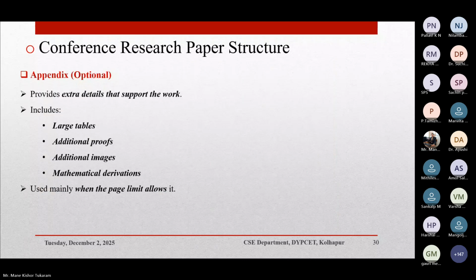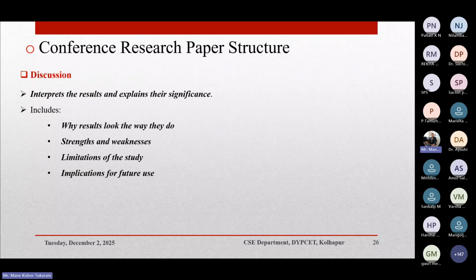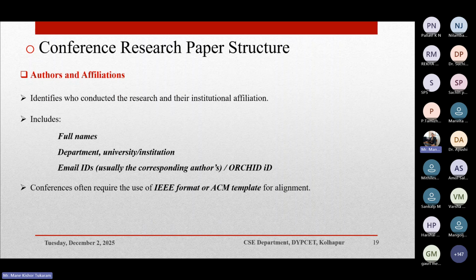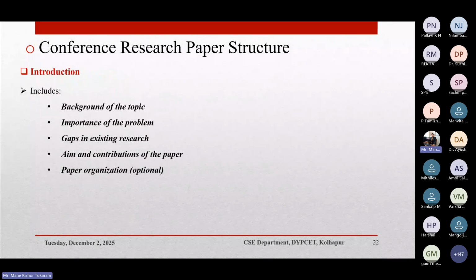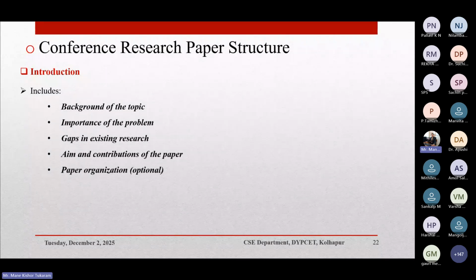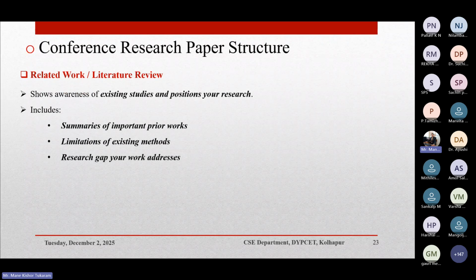So these sections we need to add inside one conference paper. First of all, the title, then the authors and their affiliations, that is their information, then the abstract. The abstract must be 150 to 250 words. Then keywords, then the introduction, related work or literature review section.